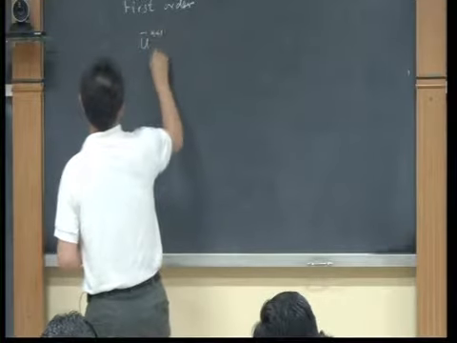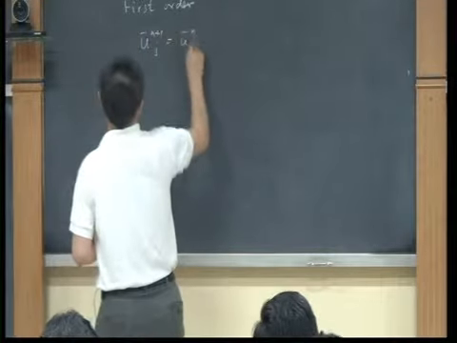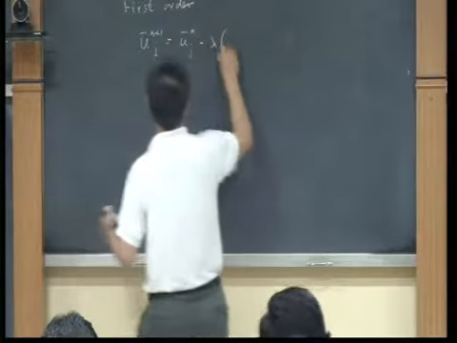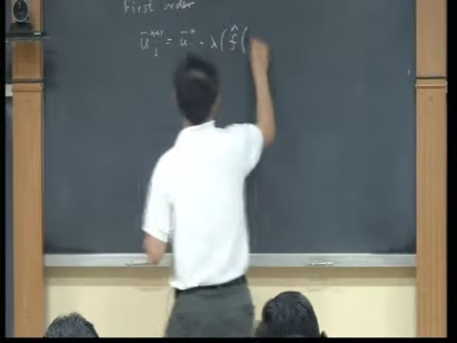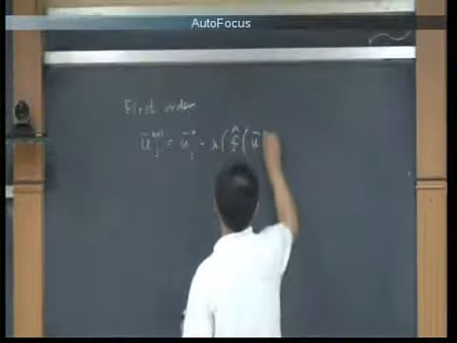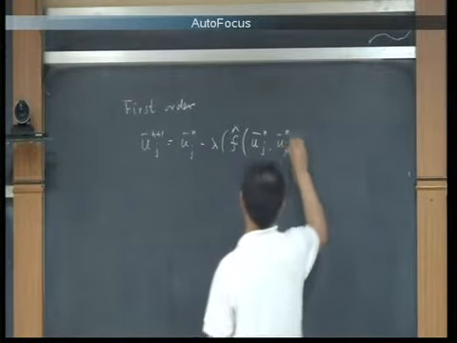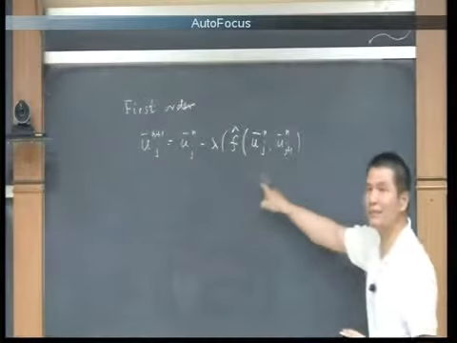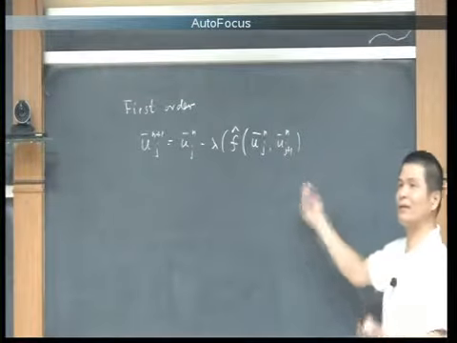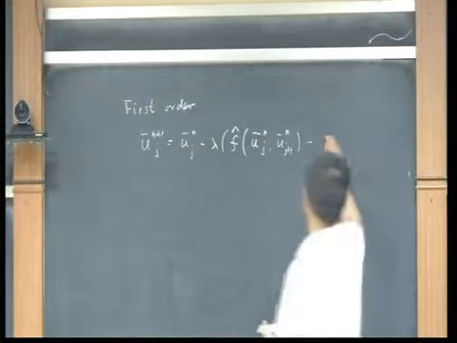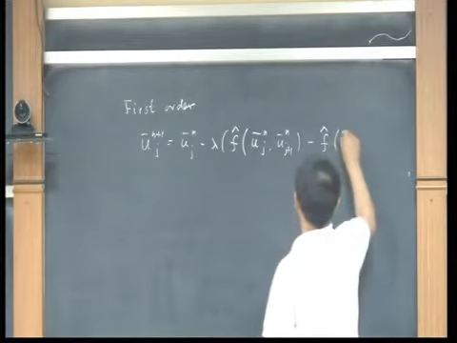It is this. It's similar to that. The only difference is that here I put the cell average in directly. The two arguments are no longer j plus half minus and j plus half plus. They are just the cell averages. So this is the first order scheme.